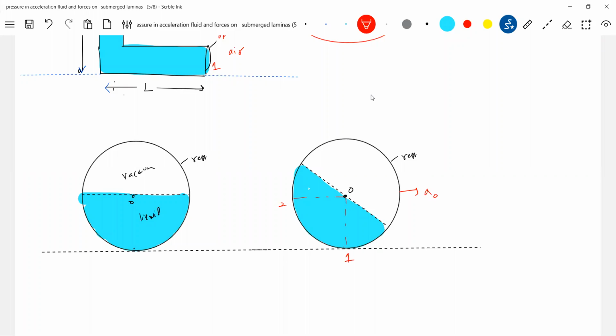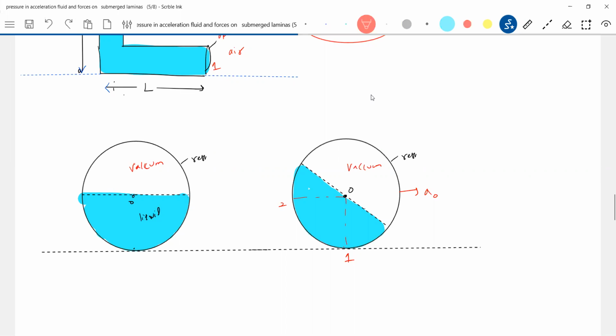What about pressure on the free surface? If I say air, then you can go for P naught, the atmospheric pressure. Since if I say vacuum, there is no question of any atmospheric pressure inside that. So the pressure on the free surface will be 0, because only if air is there will P naught come into the picture.